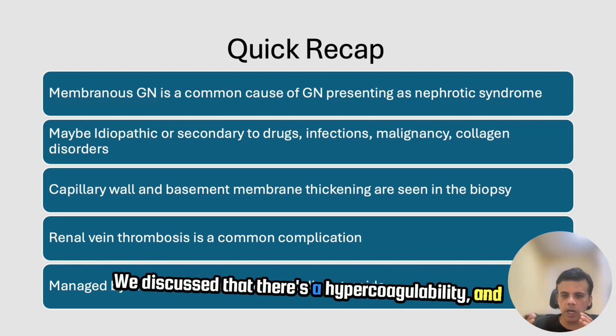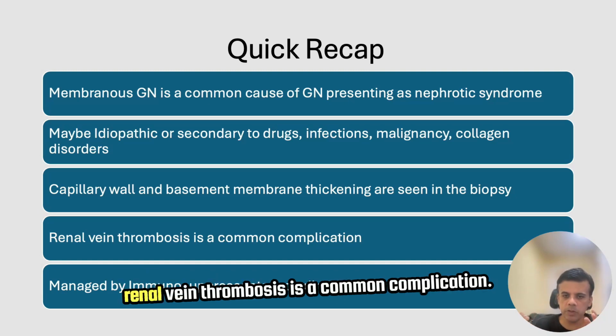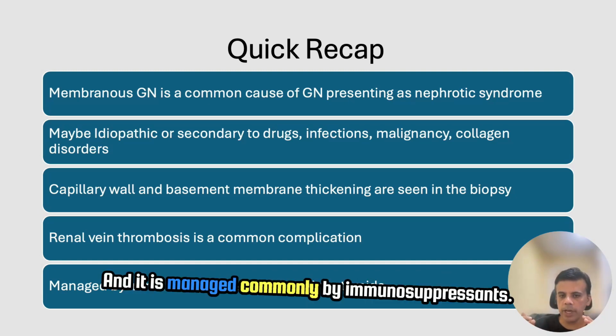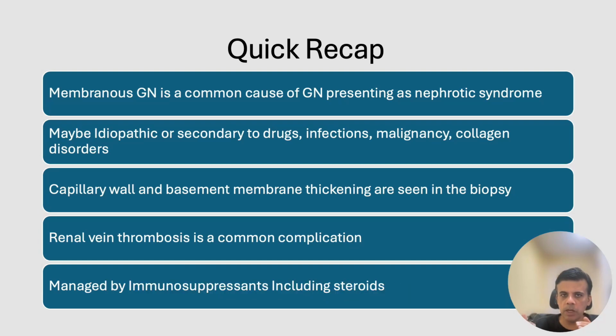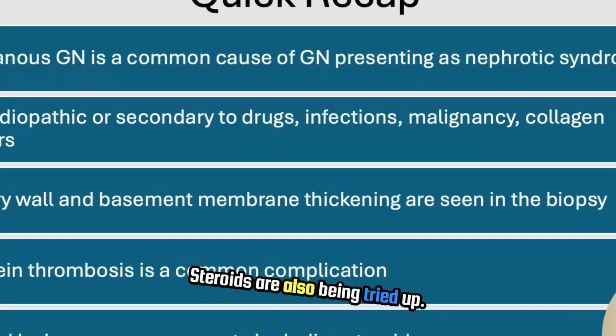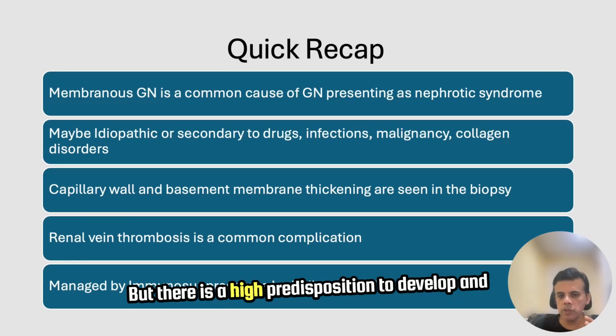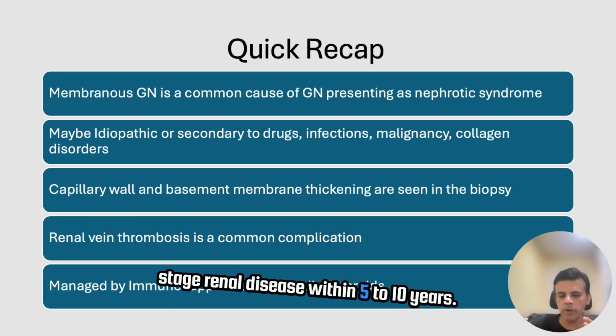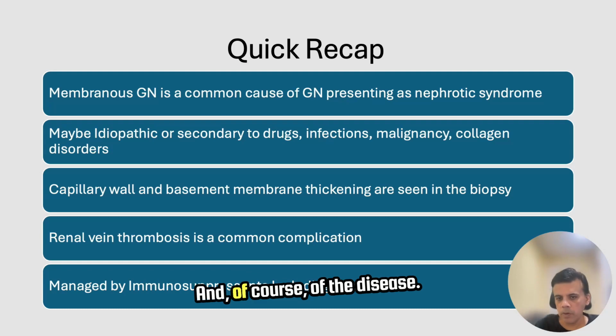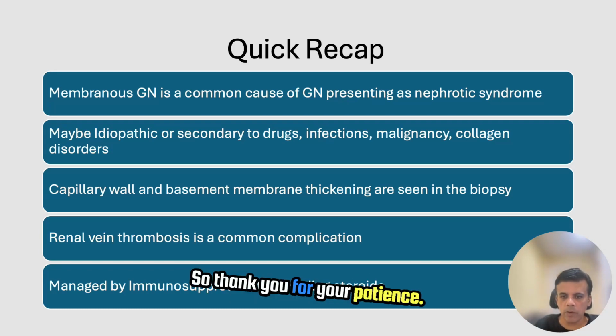We discussed that hypercoagulability and renal vein thrombosis are common complications. It is managed with immunosuppressants, and steroids are also tried, but there is a high predisposition to develop end-stage renal disease within 5 to 10 years of the course of the disease.